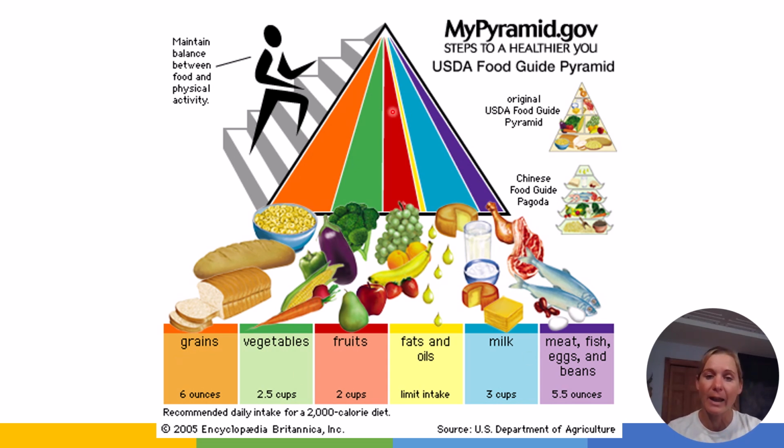The other thing they added to the food guide pyramid was that we need to maintain physical activity in order to create this nice balance. So a lot of good things came from this pyramid. Again, if I think about 6 ounces, that's hard for me to visualize, so that may be a limiter of this option.